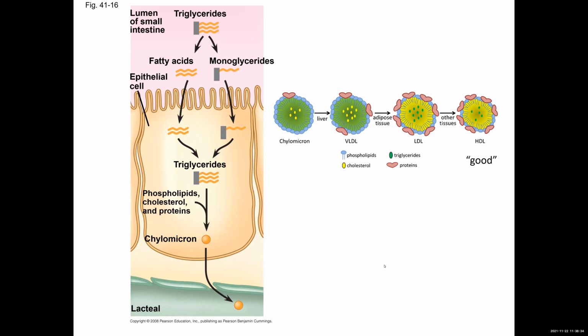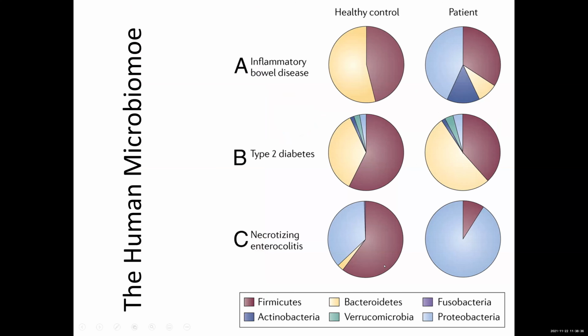So our gut microbiome is something that's come under a lot of scrutiny lately, right? And so we have discovered, these graphs show, that where we have patients with particular diseases or health states, we often find that they have a different community of bacteria in their gut than people who we consider healthy.